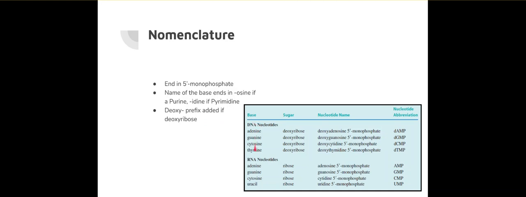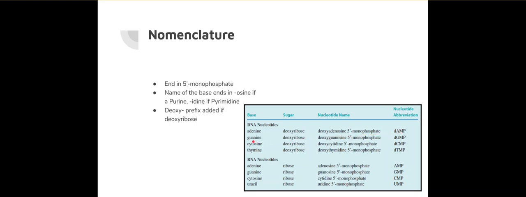So our possible nucleotides, remember we just said A, G, C, and T are the possible primary bases on a DNA. So adenine would be deoxyadenosine 5-monophosphate, and it gets abbreviated as dAMP.